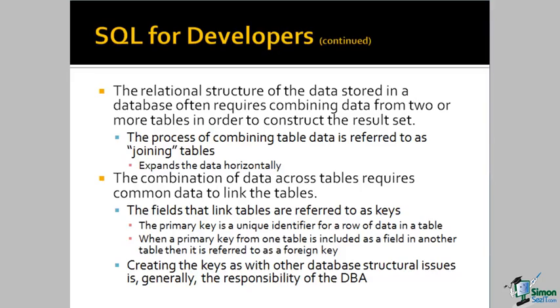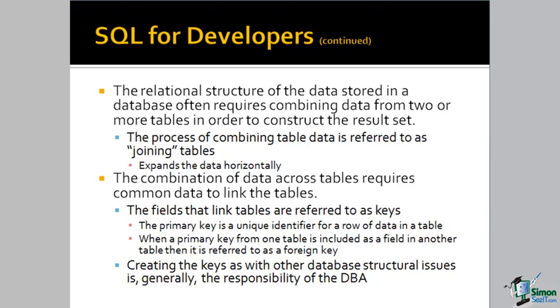As we said previously, the power of the relational database management system is the ability to store related data across tables within the database. Those tables are linked by common data fields referred to as keys.